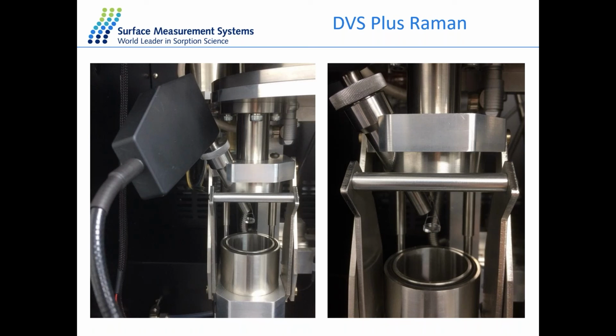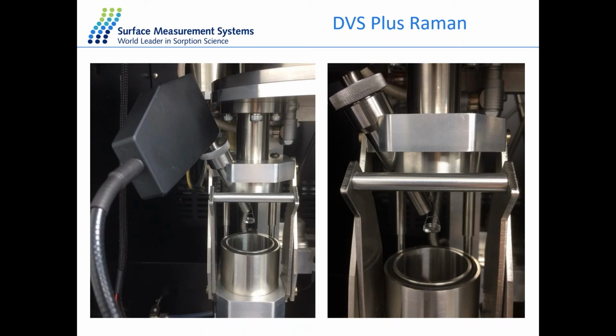So here is a DVS chamber. What you see over here is a glass pan. And what we use is a camera that is positioned at the bottom of the chamber and a Raman, which is this pistol type probe that you see at the top of the chamber. So what we're doing here is taking screenshots of the sample from the bottom and collecting Raman spectra from the sample at the top.